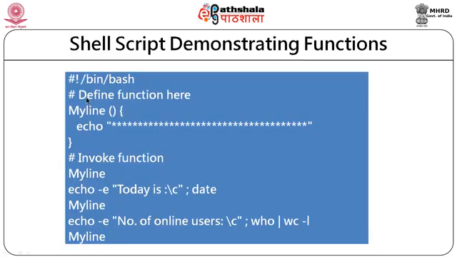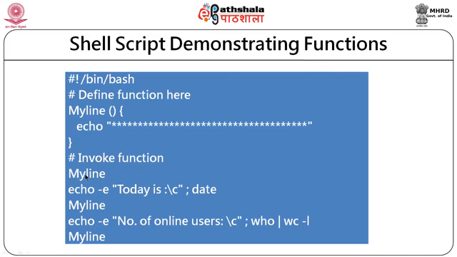This is a sample script where I am creating a function myline. The myline function will display asterisk characters, and this is how I invoke myline function. Over here we are not passing any arguments, nor is the function returning any argument, it is a very basic function.